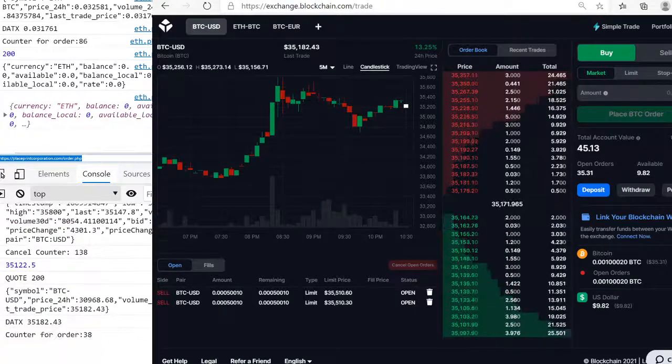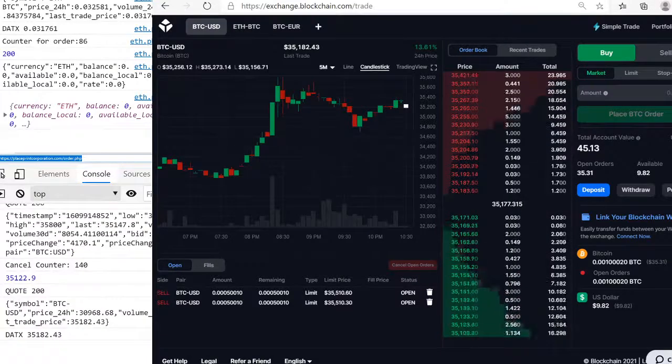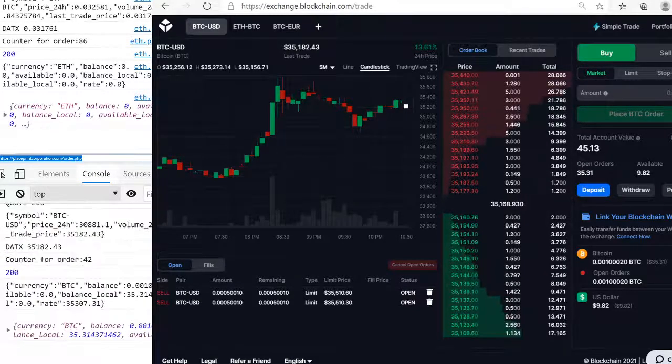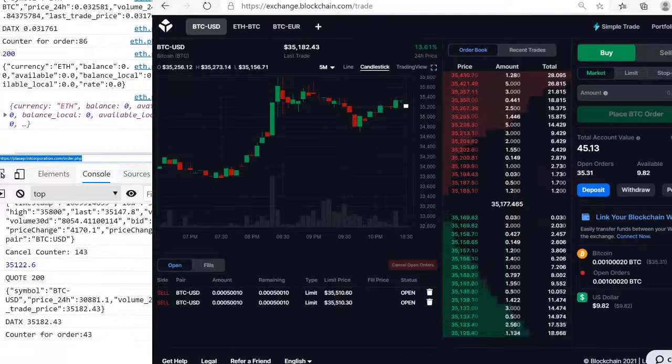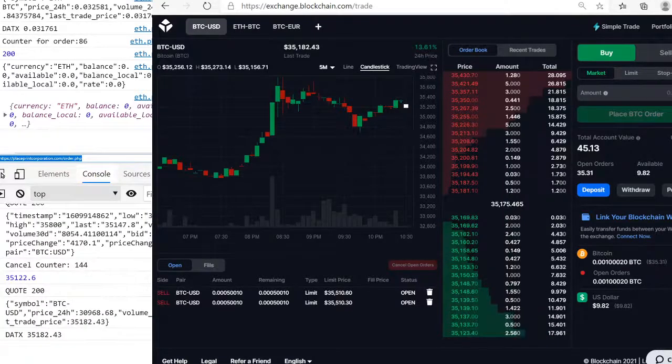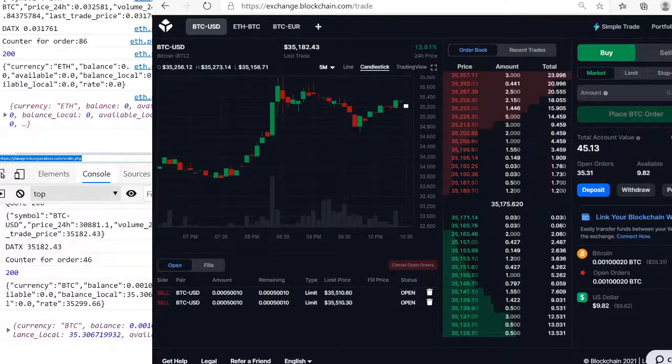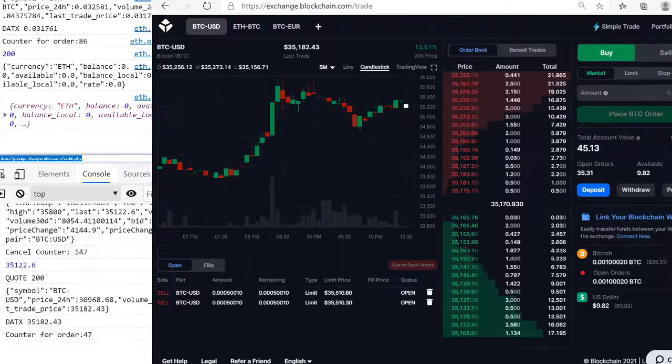Ladies and gentlemen, pretty tight market. We got an offer now 35,510, 60 and 30s. Bid now 35,171, 35,176, 35,165. 35,160 is the bid. Offered at 35,187. Bid now 35,171. Offer now 35,176.